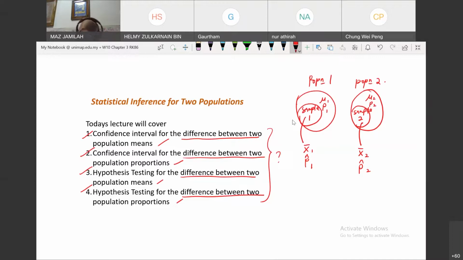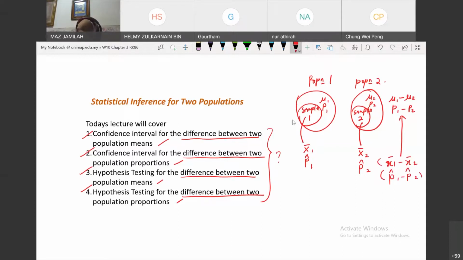Okay, so that's why, in order for us to make statistical inference using population means and population proportions, we are going to take the difference. That will be mu1 minus mu2 and p1 minus p2. And this will be estimated using the sample evidence of your X bar 1 minus X bar 2 and p hat 1 minus p hat 2.